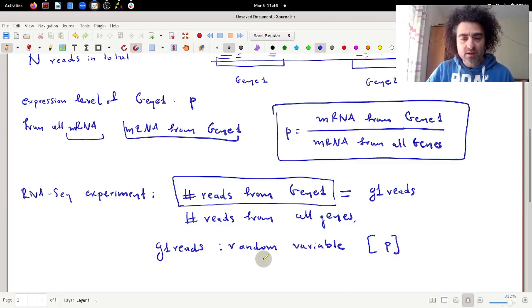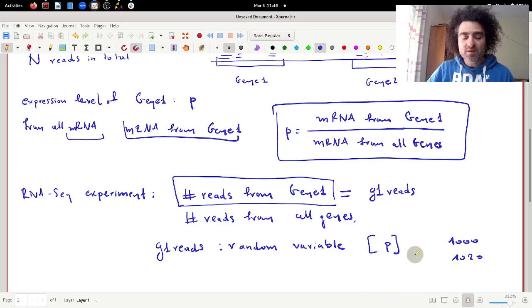You can understand it in the following way, that this is the actual expression level of gene 1. Now you can make a library of n reads, you can measure the reads in G1, and you might find the number, let's say 1000 reads in gene 1. Then if you repeat this experiment exactly with the same parameter, the same expression level from gene 1, you might find 1020 reads for gene 1.